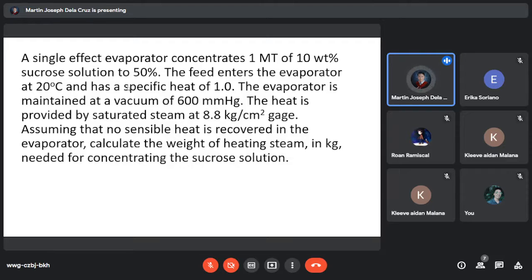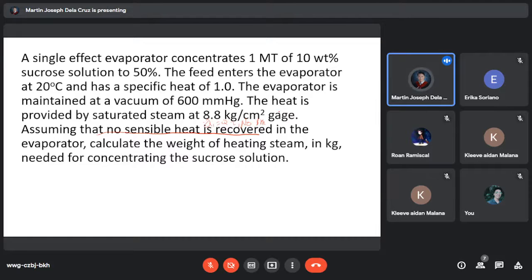The heat is provided by saturated steam at 8.8 kilogram force per centimeter squared gauge. Assuming that no sensible heat is recovered in the evaporator, calculate the weight of heating steam in kilogram needed for concentrating the sucrose. So in here class, assuming that no sensible heat is recovered, meaning no BPR na to, kasi Q1 is equal to your Q2 mga ganun. So this is no BPR.